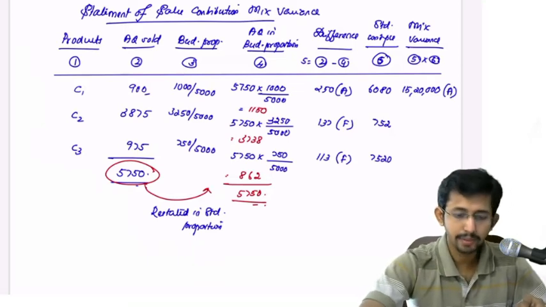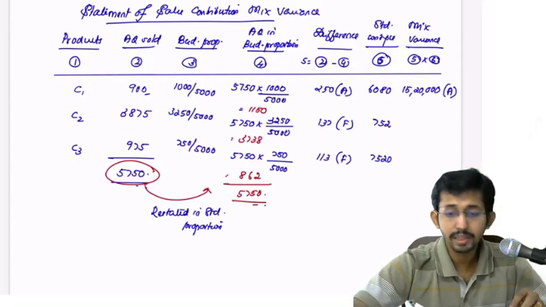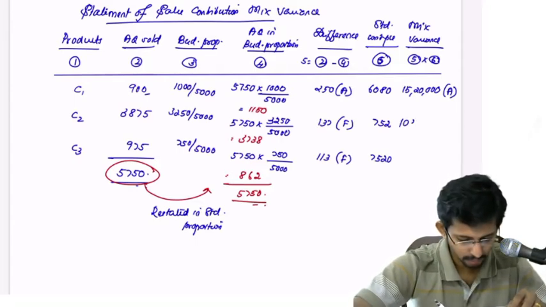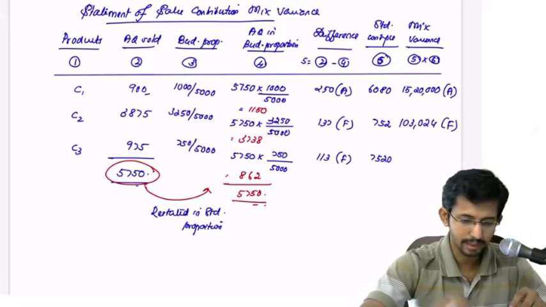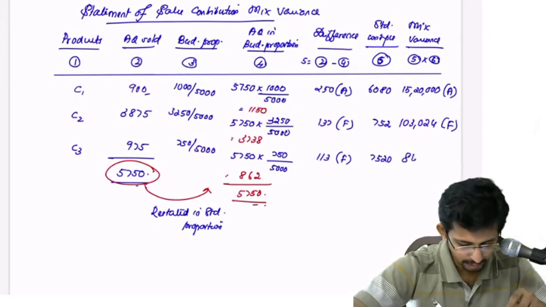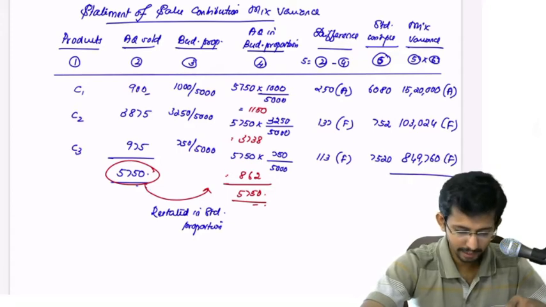Next is 752 into 137, 103024. This is favorable. Next is 7520 into 113, that is 8,49,760 favorable. So 103024 plus 849,760 minus 15,20,000.